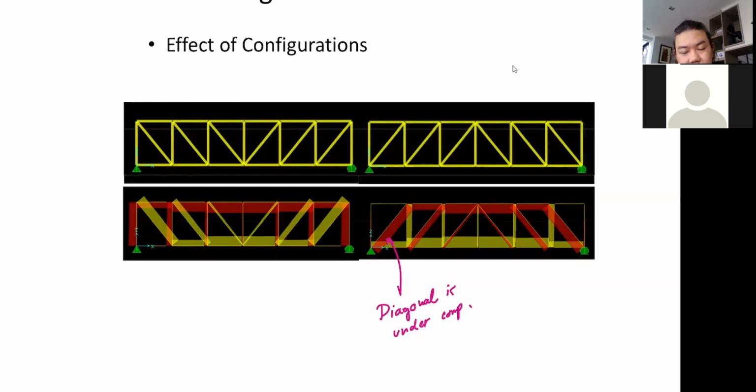So the configuration would dictate how your design is going to be as well. And you should recall from mechanics of materials, the long column issue, right? The longer the compression member is, the less load carrying capacity it's going to have. So that's it.